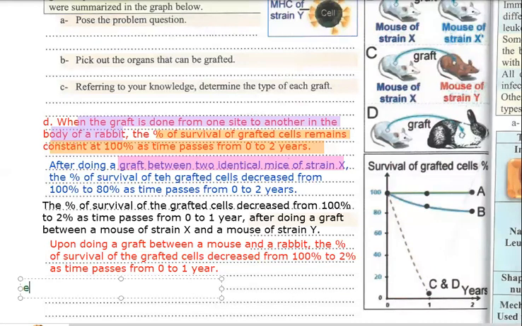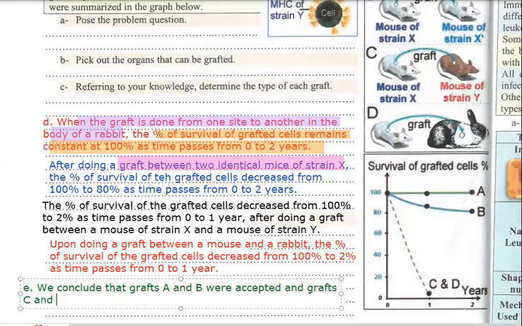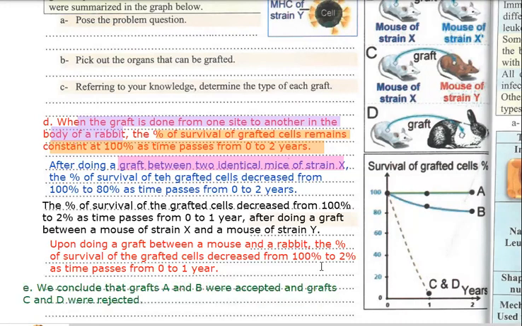This is part E. I conclude that grafts A and B were accepted and grafts C and D were rejected, because in C and D all the cells died after 1 year. So this is the analysis and this is the conclusion.